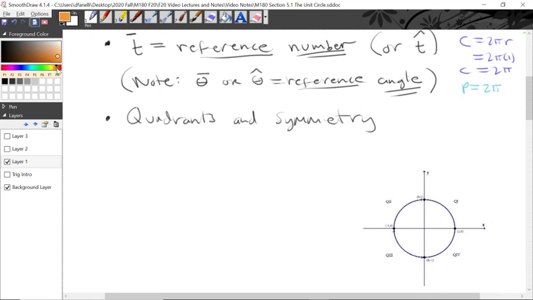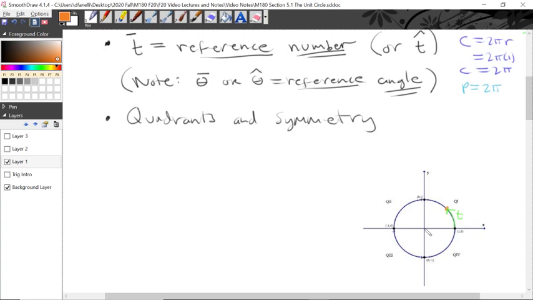So let's say, for example, that we have traveled the distance t from (1, 0) to some terminal point.